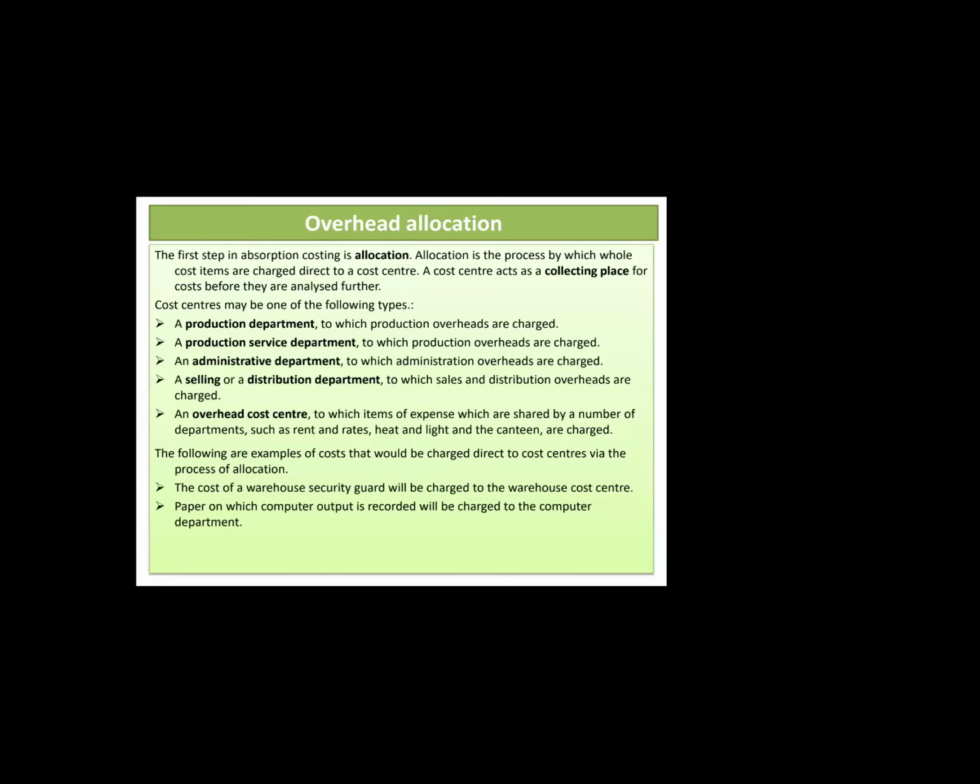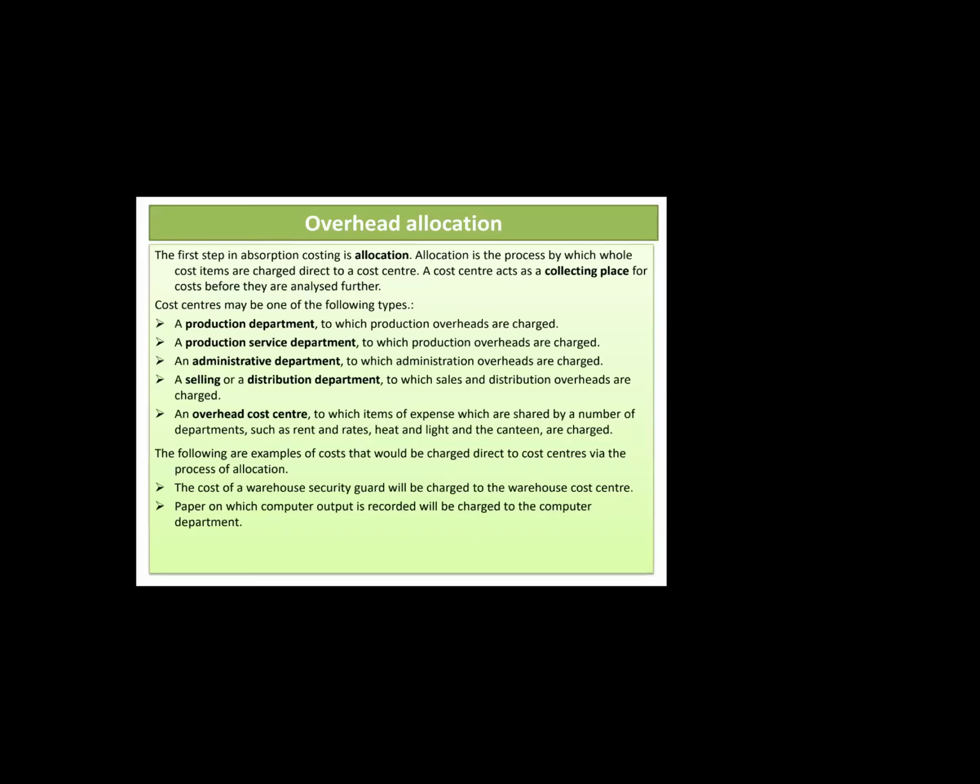So the first stage is overhead allocation. Allocation is the process by which whole cost items are charged direct to the cost center. For example, what we expended for labor, for overhead, for materials, first of all we will allocate this expenditure to the user division, or cost center.